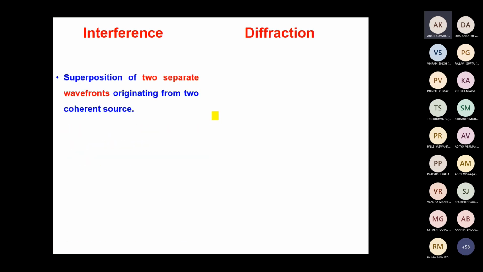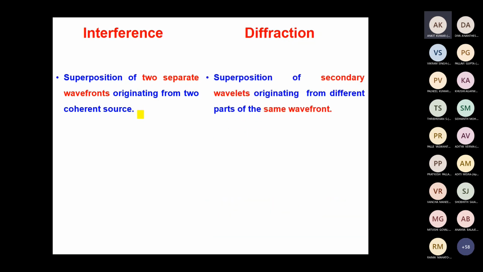So when we say interference, it's a superposition of two separate wavefronts originating from coherent sources, like Young's double slit. In diffraction, we talk about superposition of secondary wavelets originating from different parts of the same wavefront.